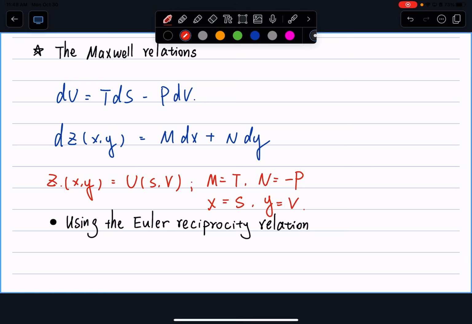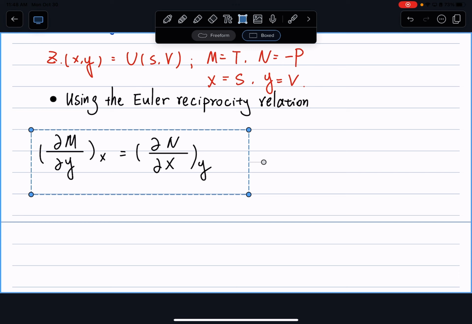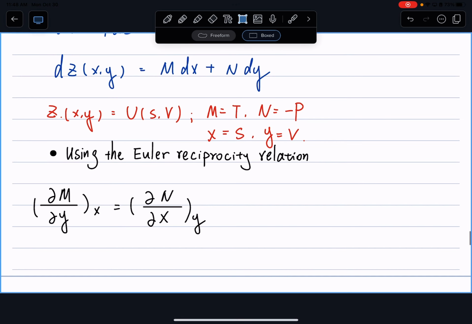All right, with me so far? And then using Euler's equation, we have these two partial derivatives being the same as each other.